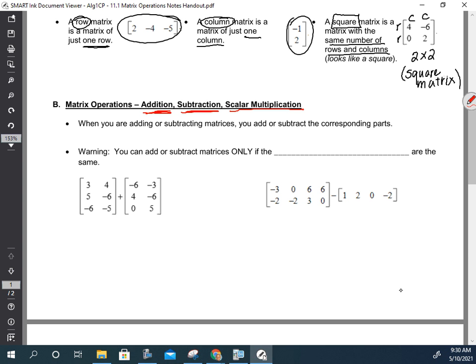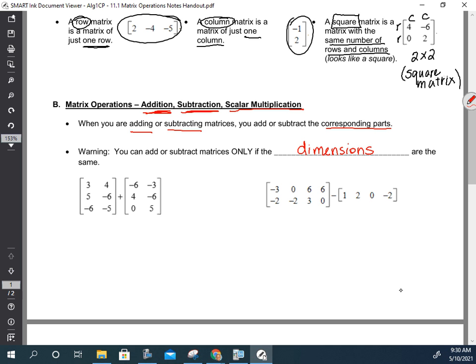When you add or subtract matrices, you add or subtract the corresponding parts. However, you can only add and subtract if the dimensions are the same. Each matrix has to have the same number of rows and the same number of columns.